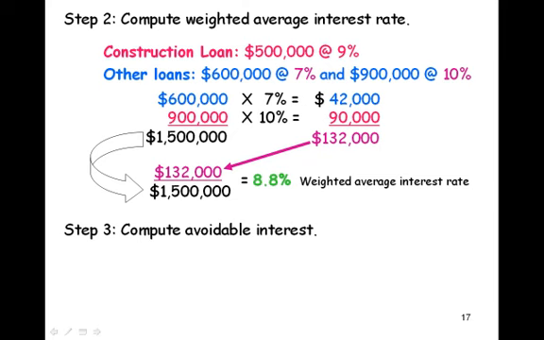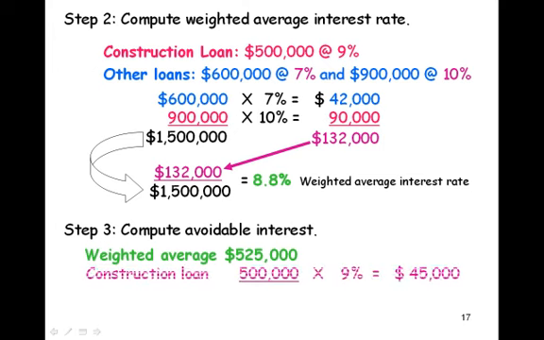Step 3 is to compute the avoidable interest. First, start with the weighted average accumulated expenditures of $525,000. The construction loan will finance $500,000 of these expenditures. What about the $25,000 excess?